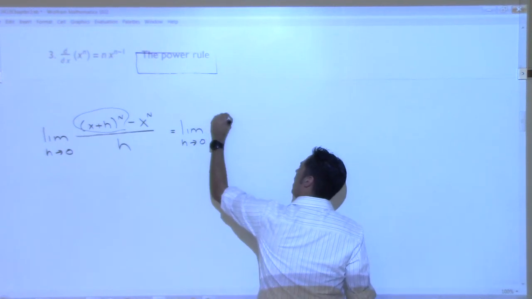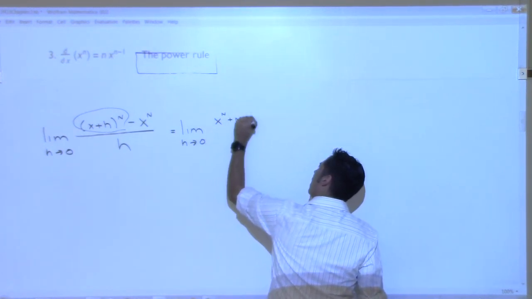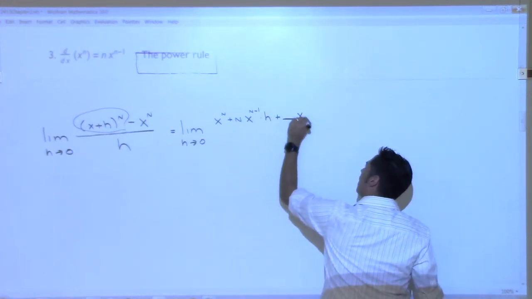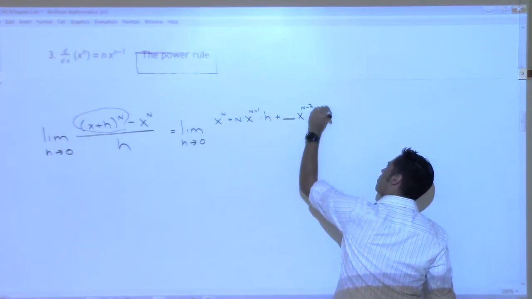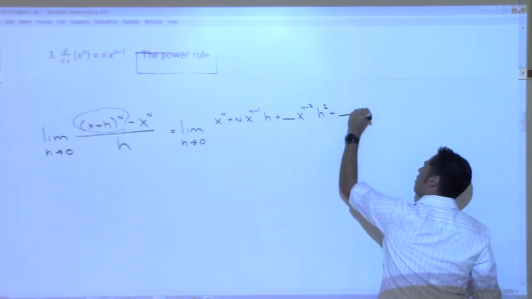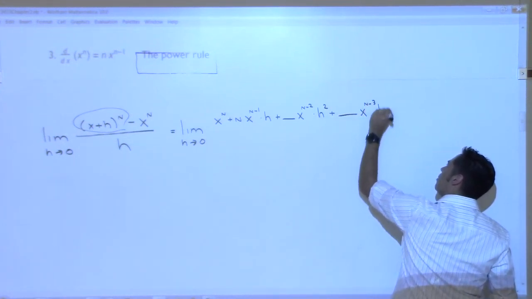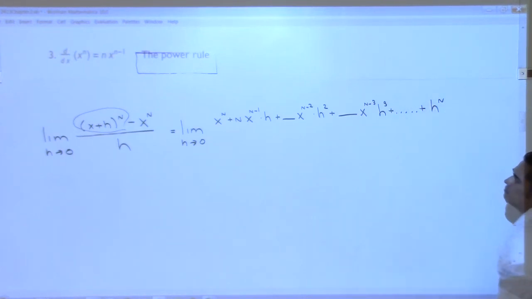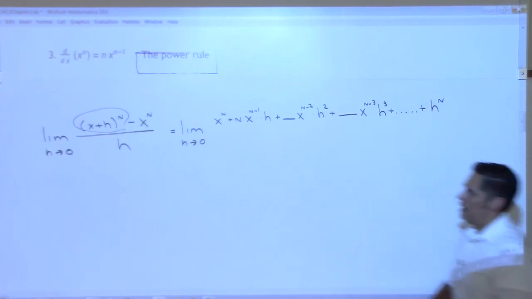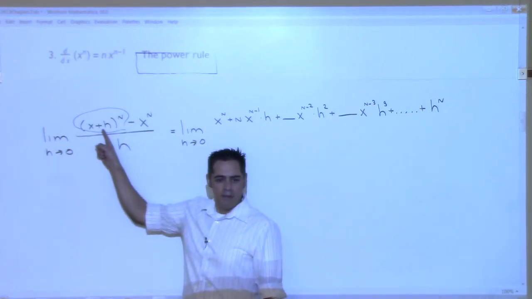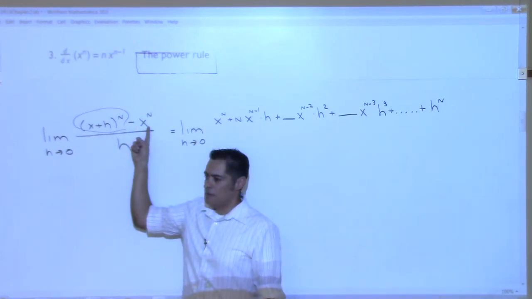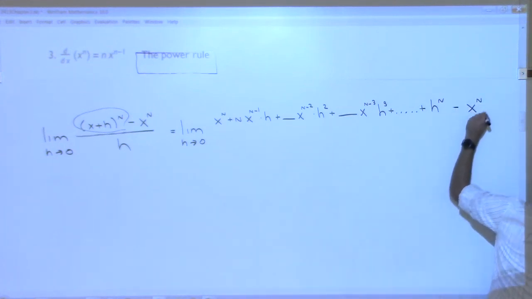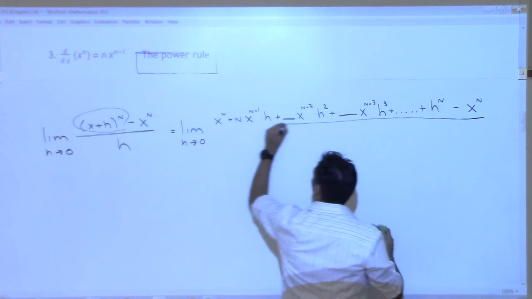It was x to the n plus n times x to the n minus 1 times h plus something we didn't know, x to the n minus 2 times h squared plus something we didn't know, x to the n minus 3 h cubed plus a bunch more, and at the very end we had h to the n, right? That's this, minus x to the n, all over h.